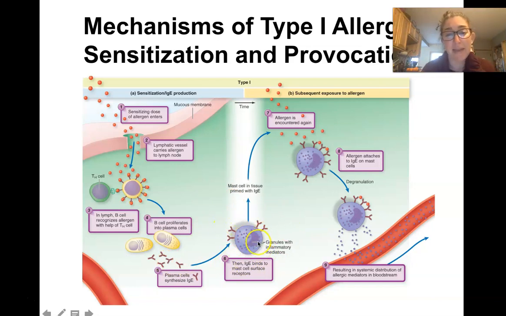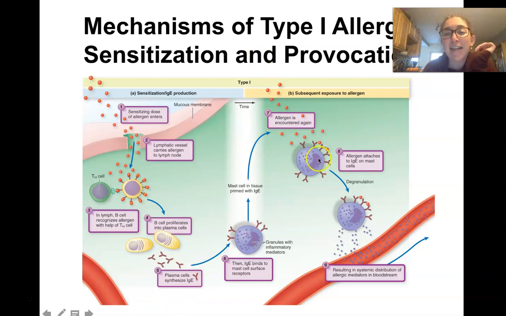There's a type of basophil called mast cells. The granules inside the mast cells are full of cytokines, especially histamine. The mast cells have a receptor for the IgE antibodies, so the IgE antibodies bind to the surface of these mast cells.